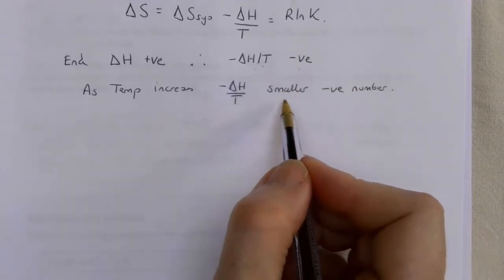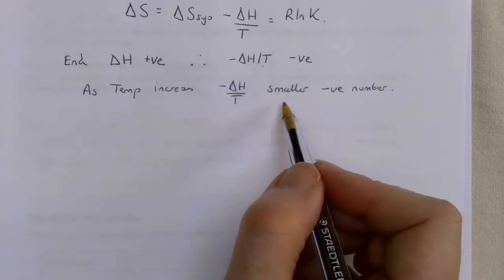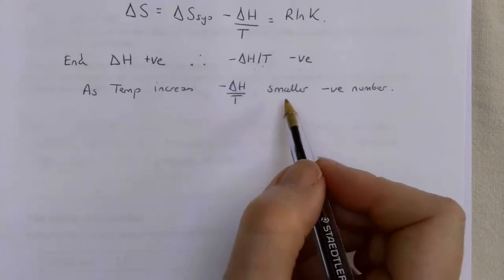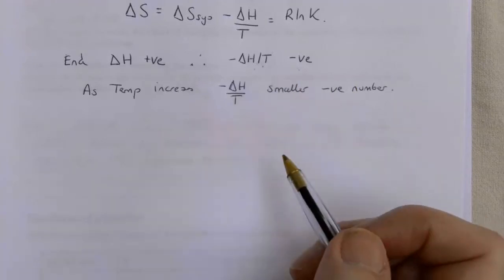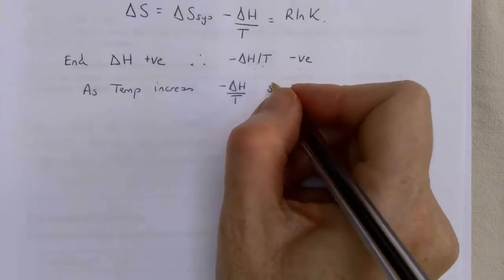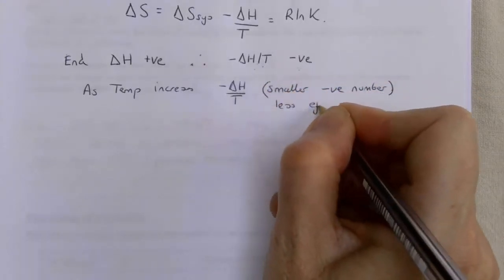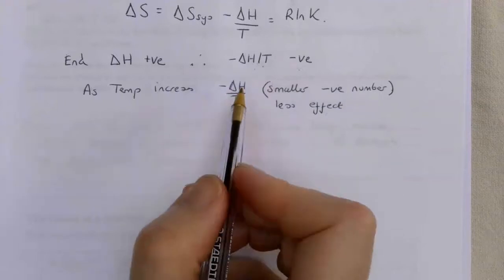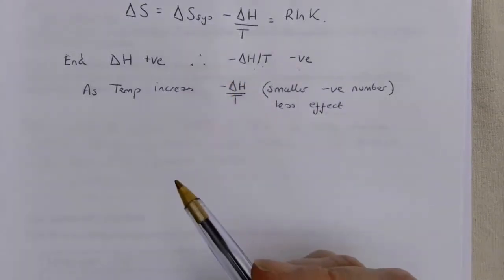We tend to talk about, in terms of exo and endothermic, becoming more exothermic or more endothermic. So mathematically this is a little bit odd, but we talk about it becoming a smaller negative number. Probably a better way of saying that is it has less effect because you're minusing a smaller number from the delta S system.